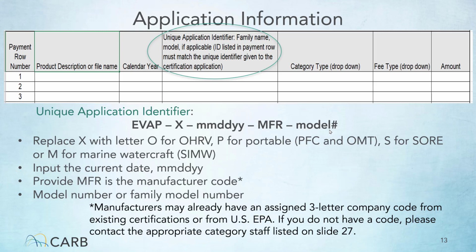If no code has been previously assigned, please contact the Evaporative Group staff listed on slide 27 to obtain a code. The last section of the identifier is the product model number or family model number. We have a couple examples for you on the next slide.